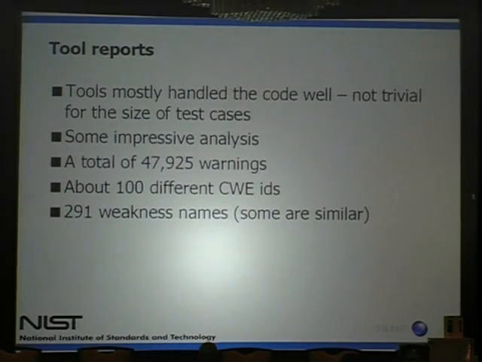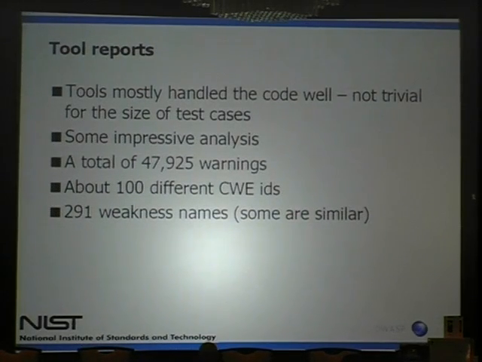Now about the tool reports, they mostly handled the code well, which is not trivial for the size of the programs. There was some very interesting analysis. There was a total of almost 48,000 warnings, so that was huge, and it caused us a lot of problems because we didn't have enough resources to analyze it.